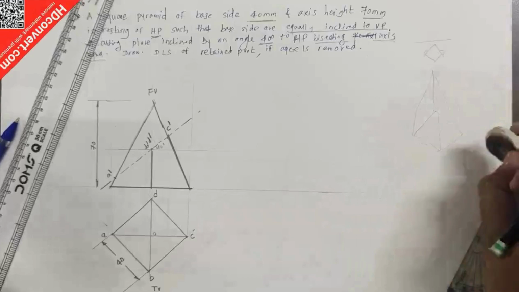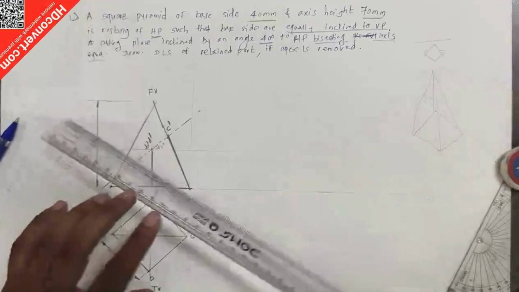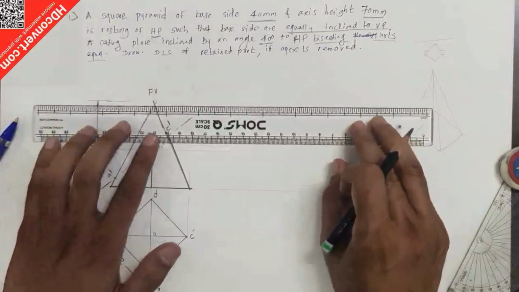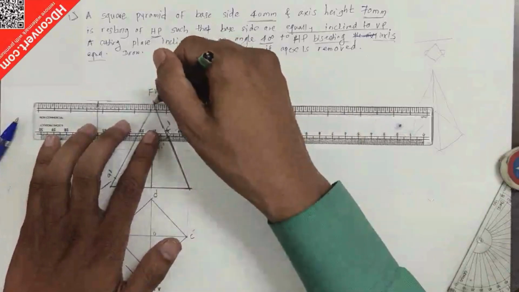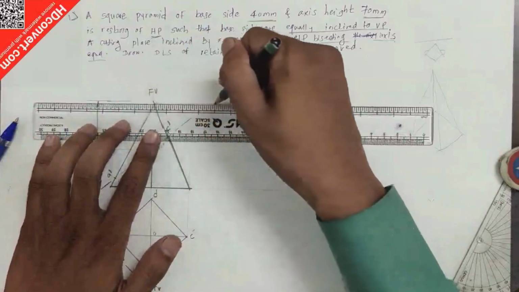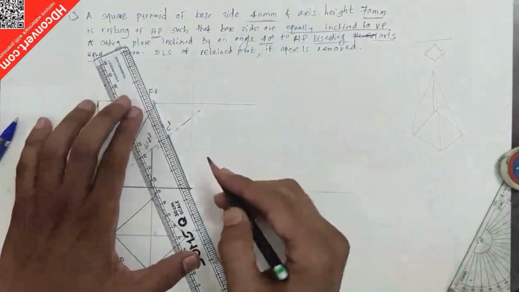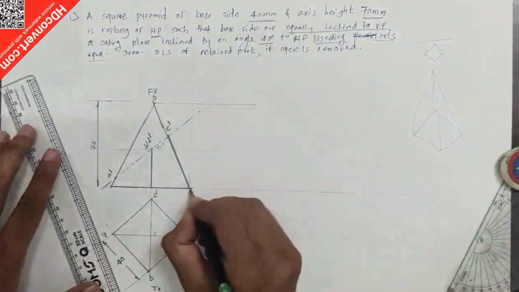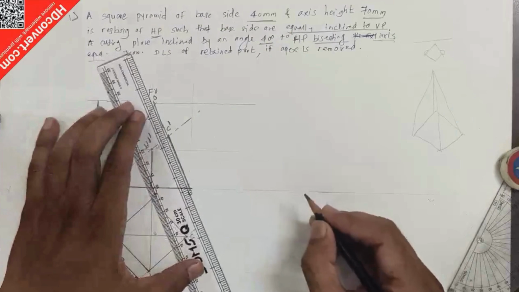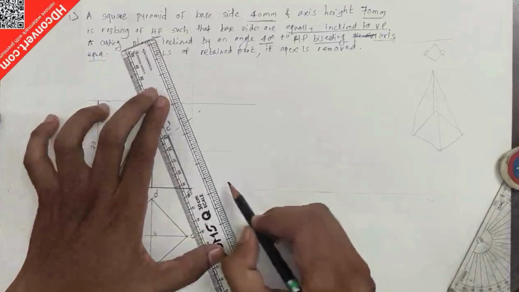Now we'll move towards the final steps. What is the method to draw the final development? From here, make a line parallel to the XY line, which should be a faint line. Suppose this is O, and this is capital B. I'll draw a parallel line to this up to here.